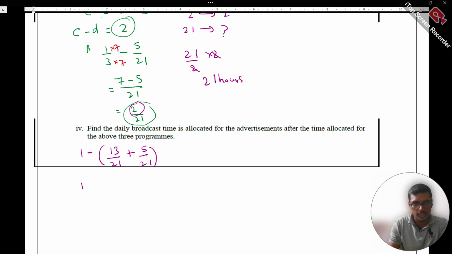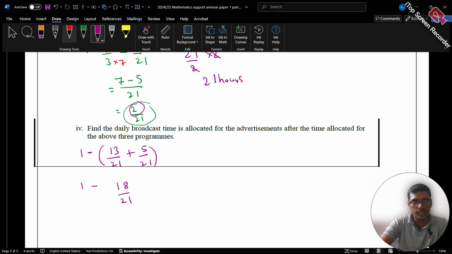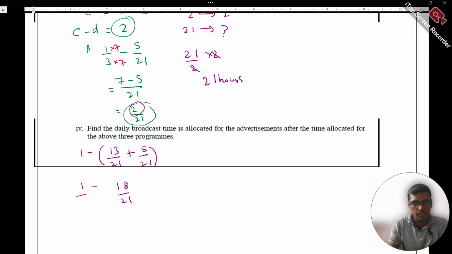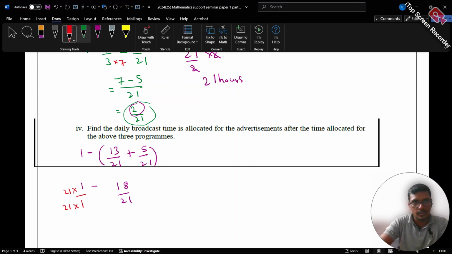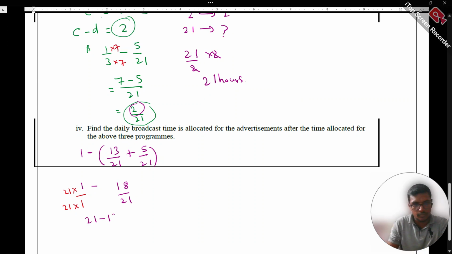Once we add them, 1 minus 13 plus 5, 18/21. We can't just subtract directly, we should take the common denominator. Denominator is 1, so in order to make it 21, multiply by 21. Then 21 minus 18 will be 3. 3/21.